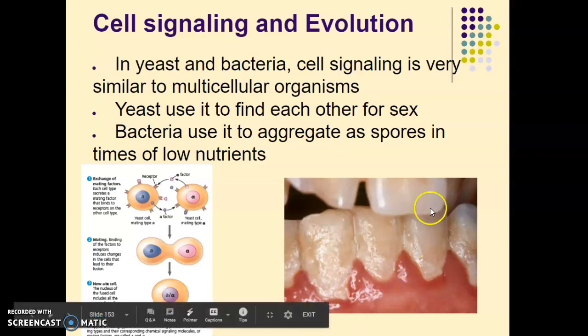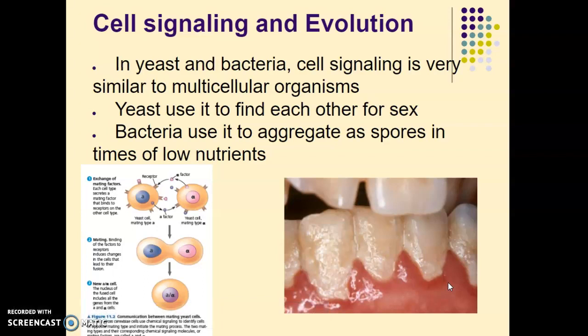Another one, and that's why this is a not so enticing picture of someone's mouth, and particularly their teeth, and particularly the plaque on the teeth. There's another type of communication with unicellular organisms like bacteria, and that's what we call quorum sensing.